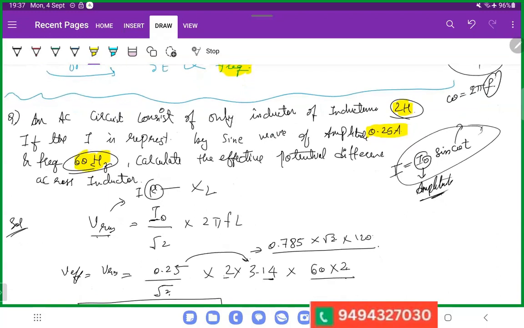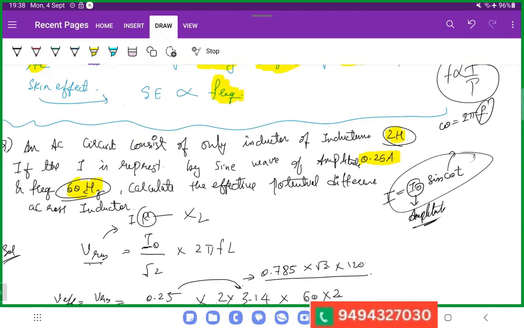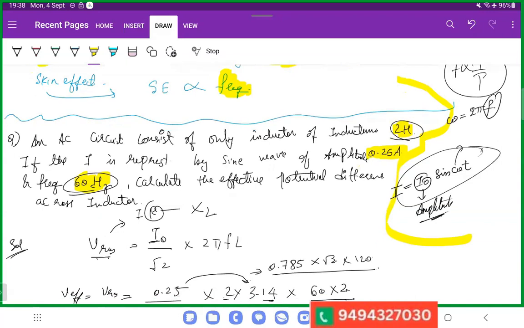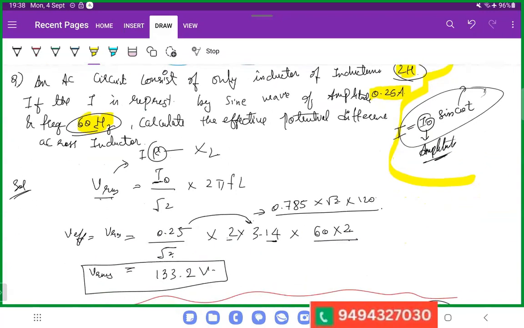Now we have to see what question is asked. Till now we saw the given terms and the relations between them. If you don't get any idea, do this first: get the list of things you have. Potential difference means voltage.